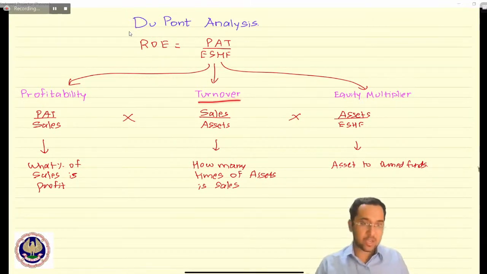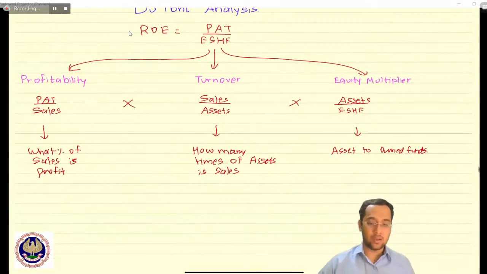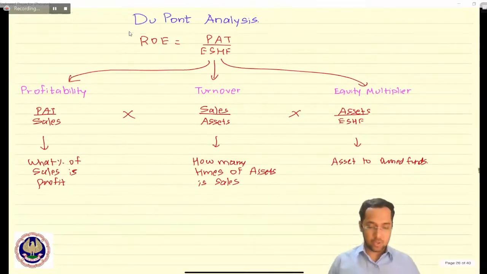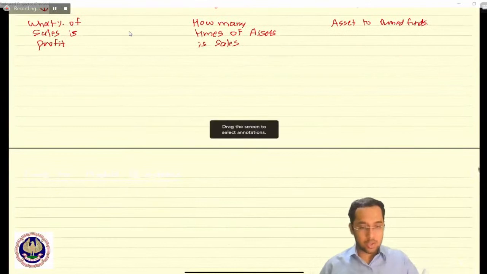Is there a problem with the turnover? Is there a problem with the equity multiplier, or what is the issue? That helps us further analyze the three layers, or three different factors, that affect the return on equity of the company.